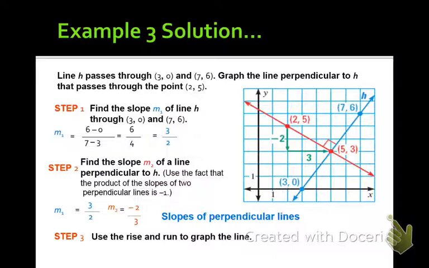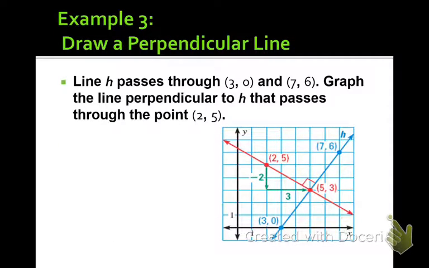They're asking you to graph the line perpendicular to H that passes through (2, 5). They've already got the point on there, but let's look at the process of doing that.